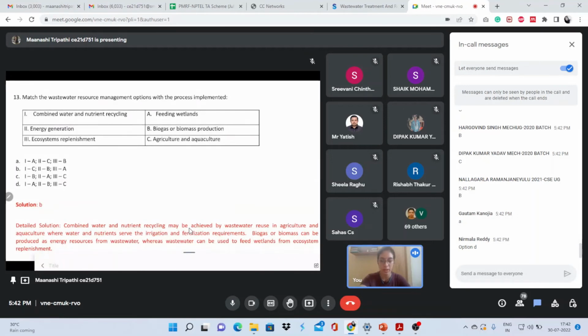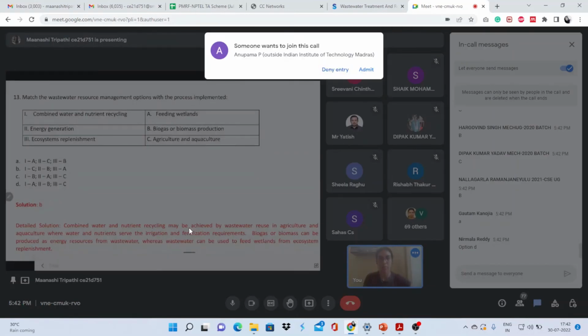And for ecosystem replenishment, we can feed the wetlands. In wetlands, we use plants or other biological means to remove the pollutants from water. That is how wetlands are used. So B is the correct option.